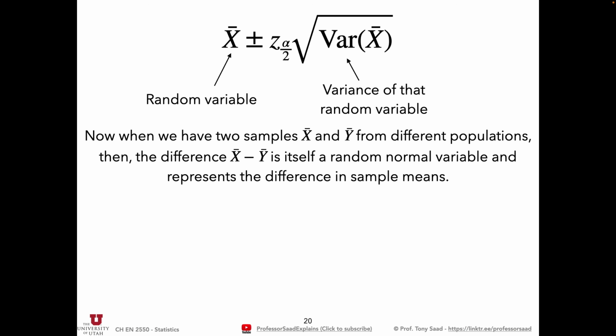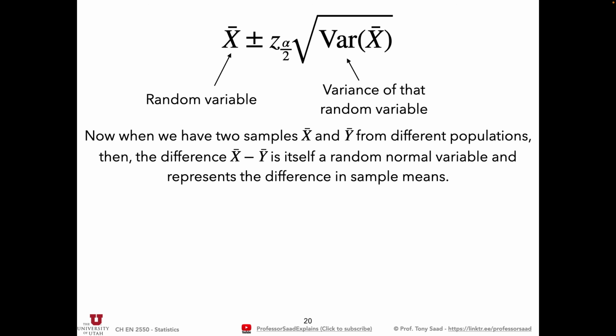Now when we have two samples, x bar and y bar, from different populations, then the difference x bar minus y bar is itself a random variable. We have to think in terms of the random variable, not the outcome of the confidence interval after the fact. What is the random variable for the difference between the two populations?